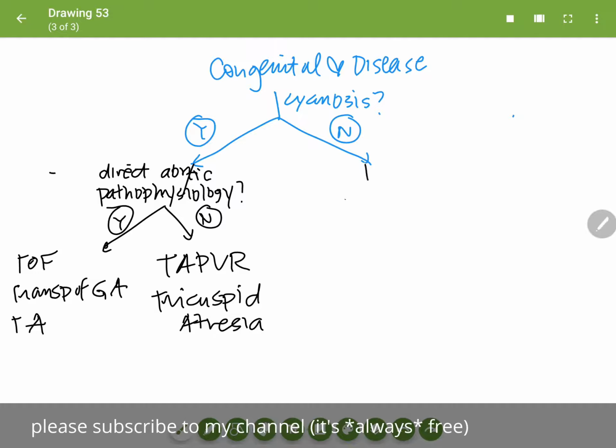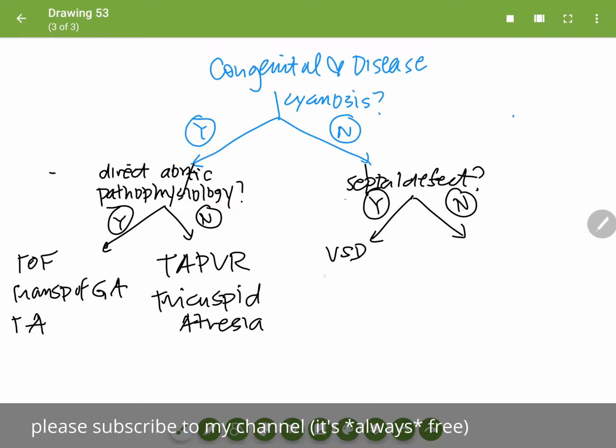So if there's a septal defect, yes, no. So if there is, we've got VSD, ASD, and endocardial cushion defect, which is kind of both ASD and VSD. And of course, if there's no septal defect, the main one is patent ductus arteriosus.